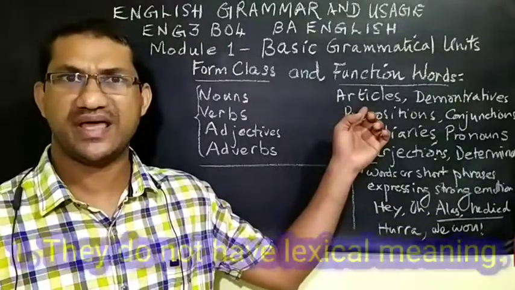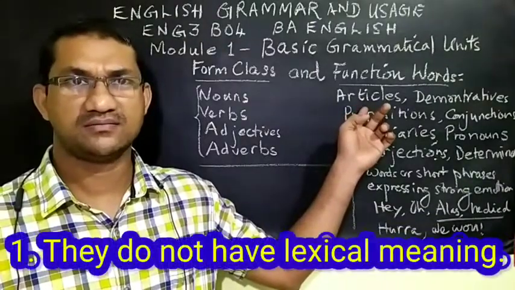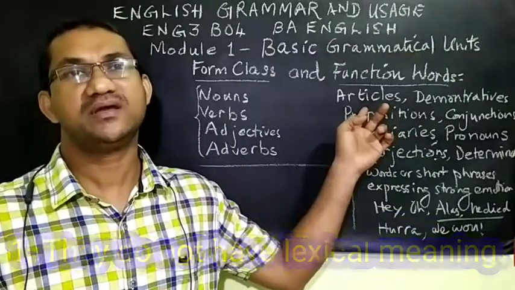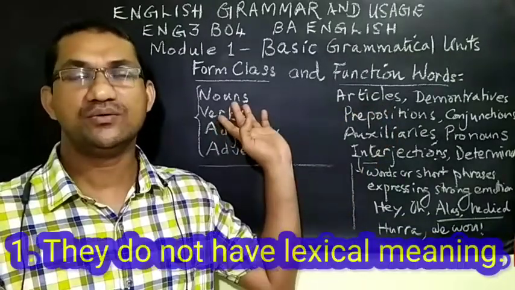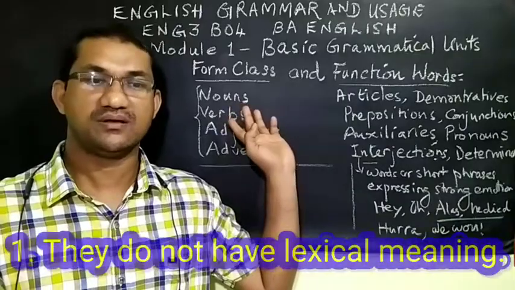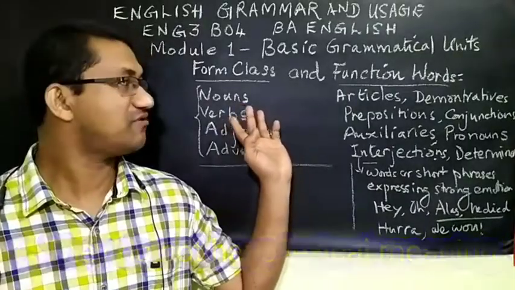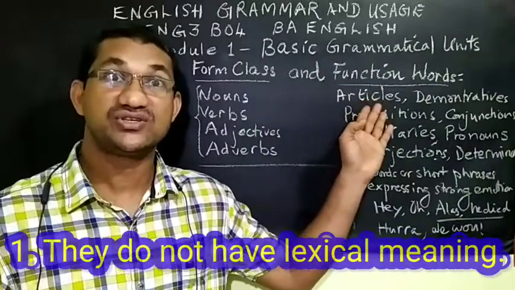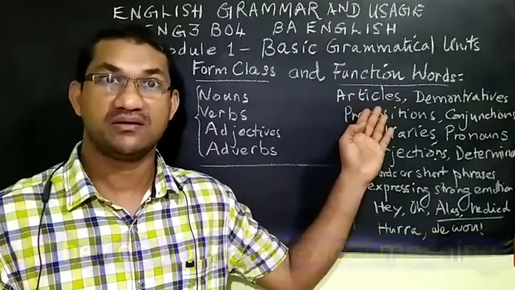Okay, articles, a, an, the, we do not get any complete meaning like beautiful. No lexical meaning. This is the first important aspect of function words. They do not have clear lexical meaning.